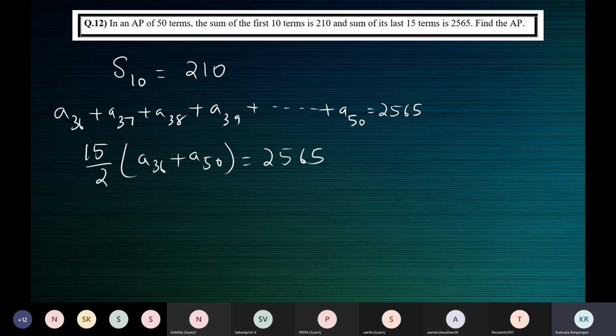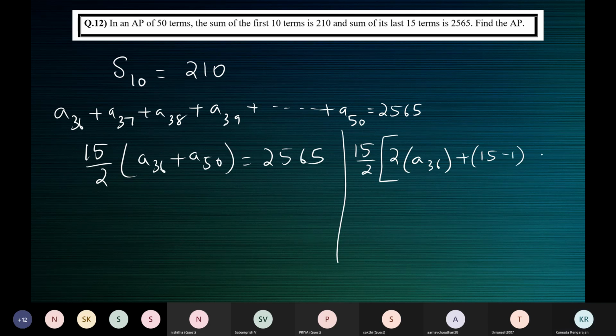You can write it like this, or n by 2, 15 by 2, of 2a plus n minus 1, 15 minus 1, into d. D we don't know, n we know, is equal to 2565. You can do it either way.